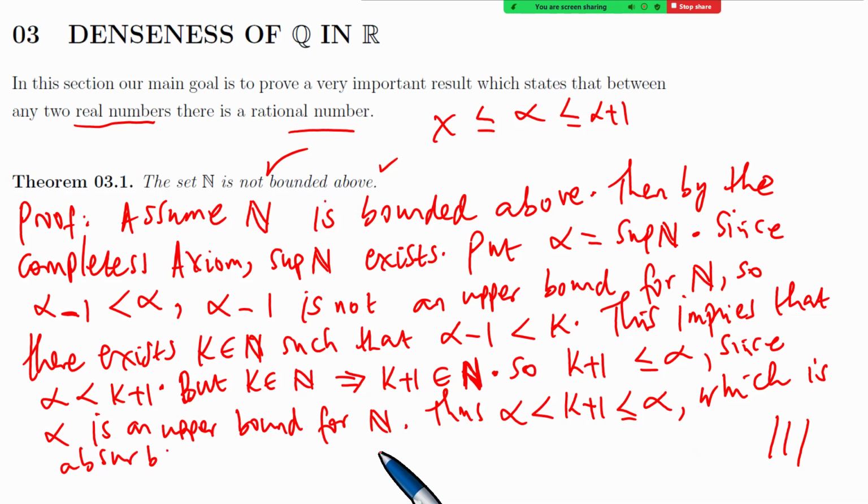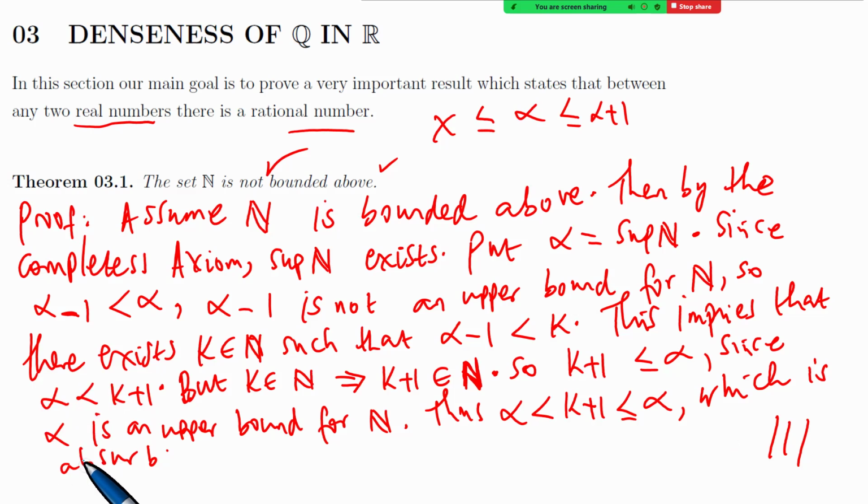Since alpha is an upper bound for n, this is going to be true, yeah? Alpha is an upper bound, so it's a supremum. What do we have here? We have that alpha is less than k plus 1, but k plus 1 is less or equal to alpha.